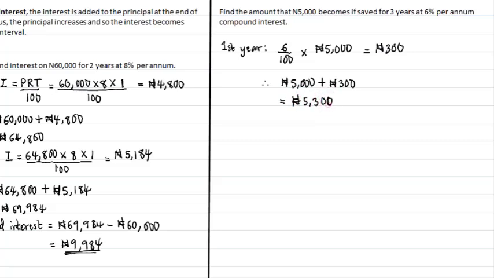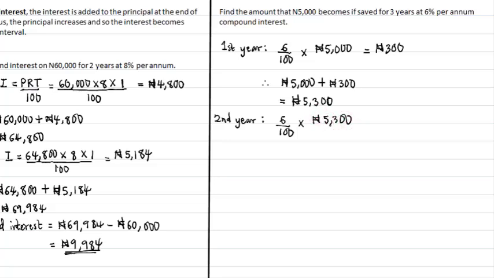Now for the second year, this will be our new principal, with the same 6% per annum, so that is 6 over 100 times our new amount, 5,300.